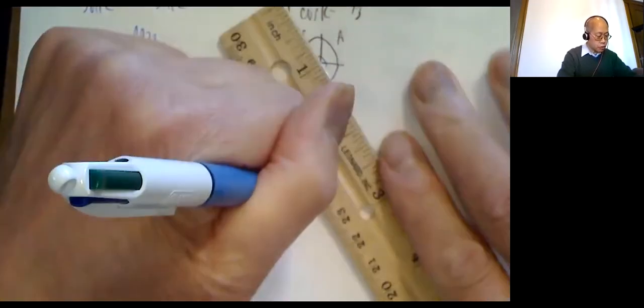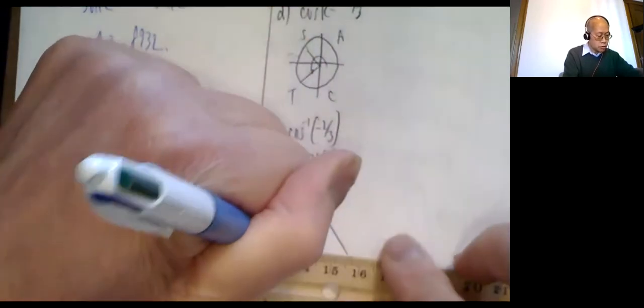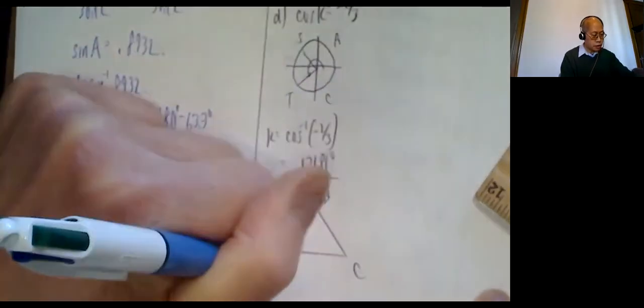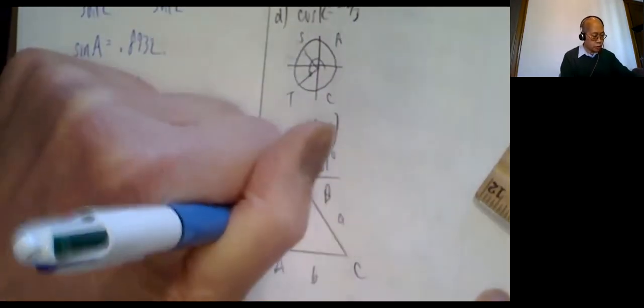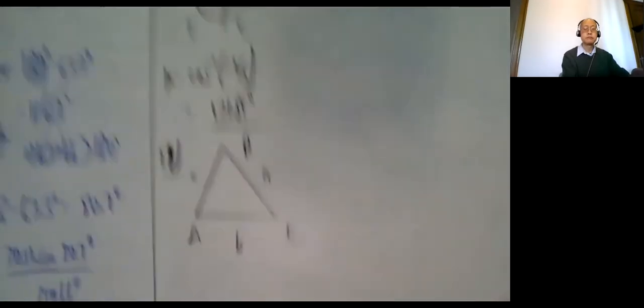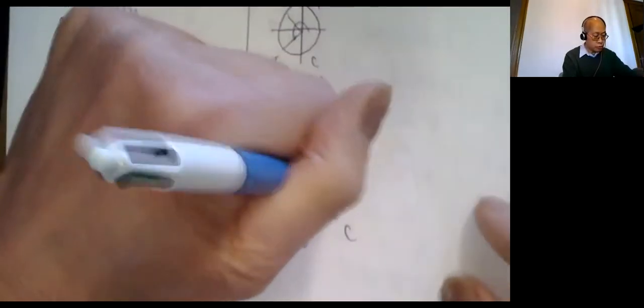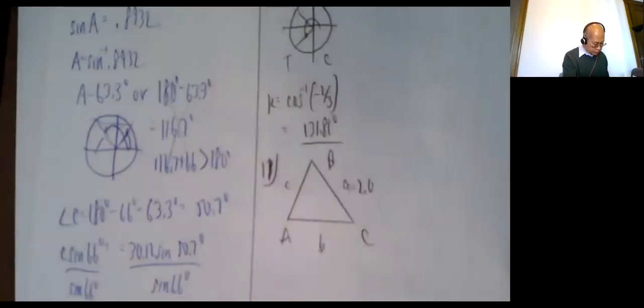Well, let's just start as normal. Do everything according to plan. A, B, C, little a, little b, little c. Little a, 2.0 feet.